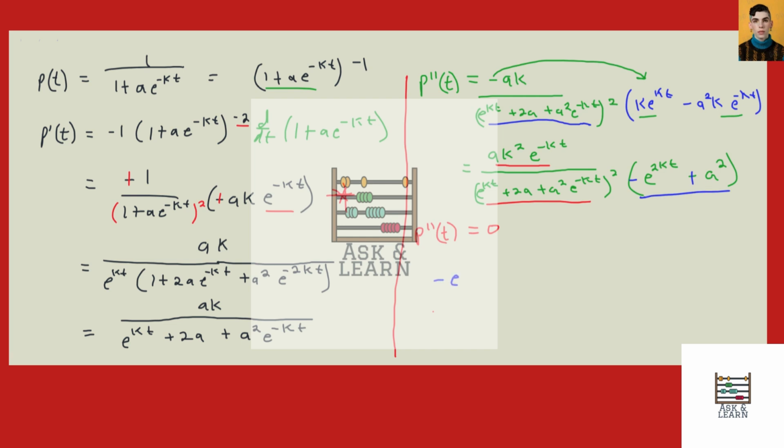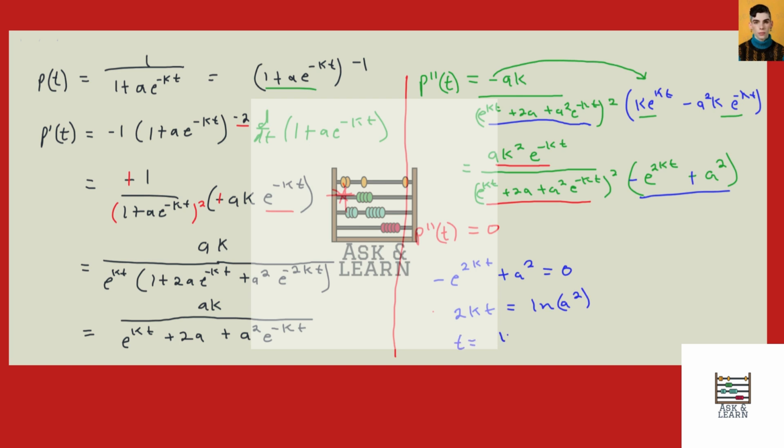So we have negative e to the 2kt plus a squared is equal to 0. So we can add e to the 2kt over and then take natural log on each side. So that's going to give us that 2kt is equal to the natural log of a squared. Then we can divide each side by 2k.